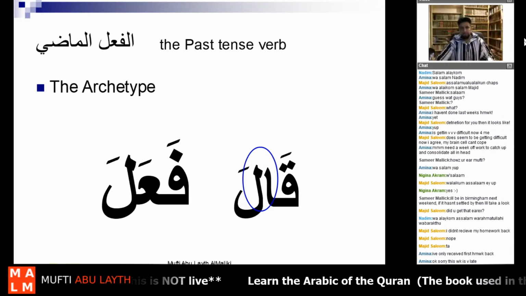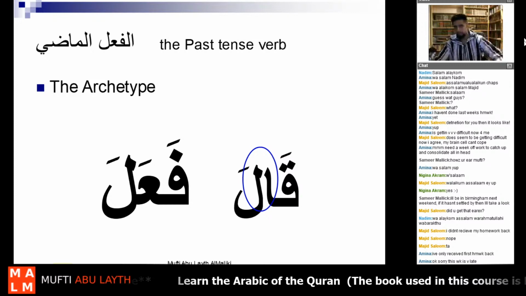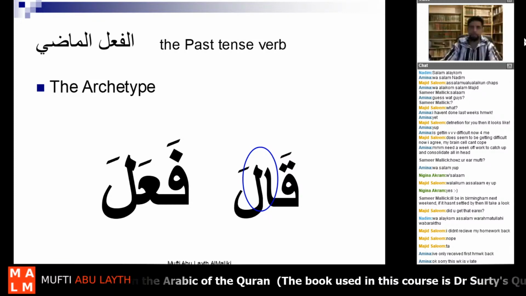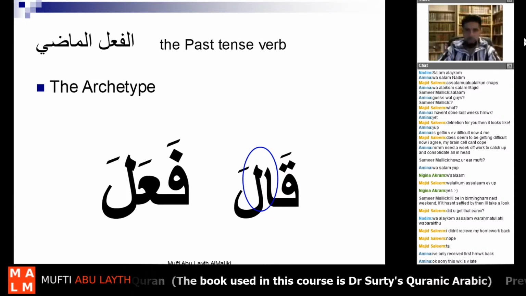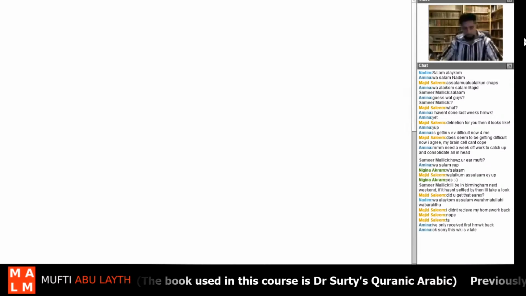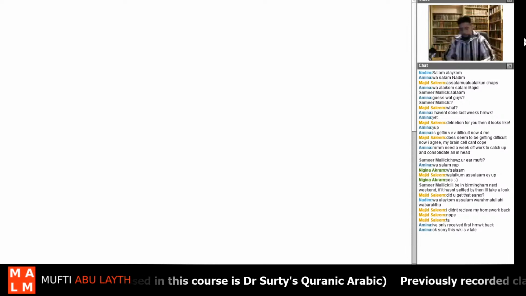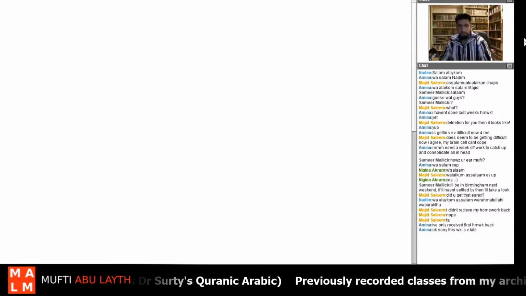And we understood that, in essence, there was a weak letter there. Now, in Arabic, the weak letters are 3: alif, waw, and ya. So I'll put that here just as a recap. In essence, the letters that are weak are just 3.